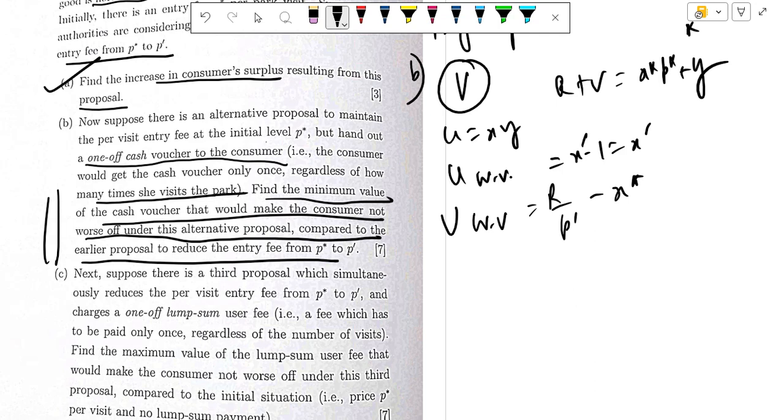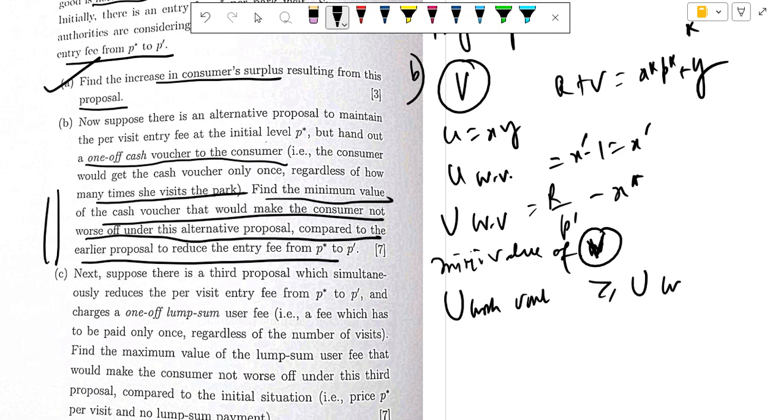In other words, we want to find the minimum value of V such that W with voucher is greater than or equal to W without voucher.